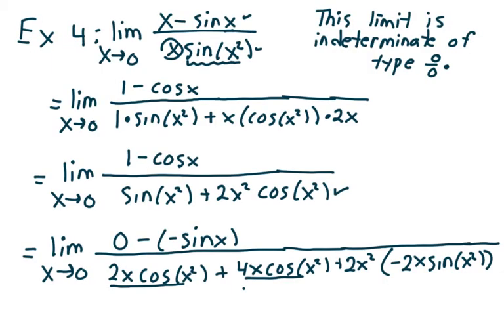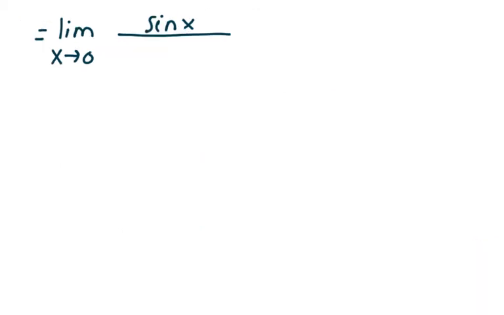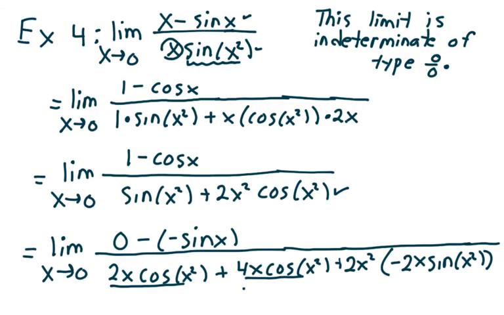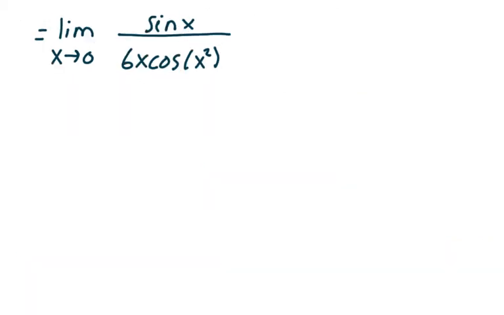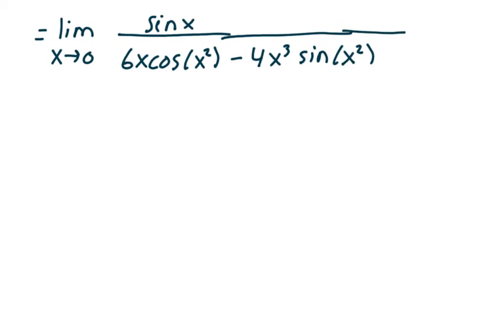The bottom is 6x cosine of x squared minus 4x cubed sine of x squared. And believe it or not, we have one more, okay, because this limit still has indeterminate form 0 over 0.